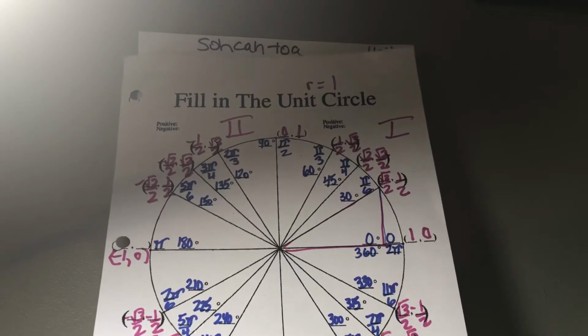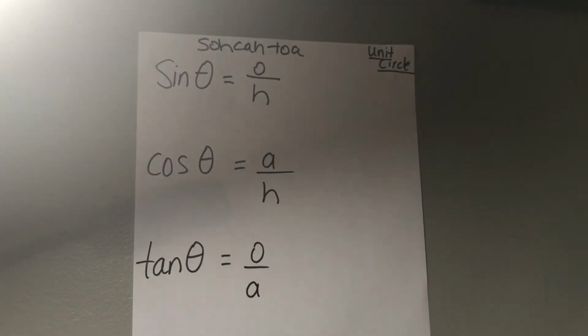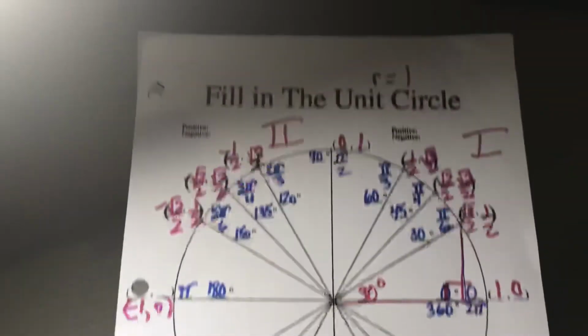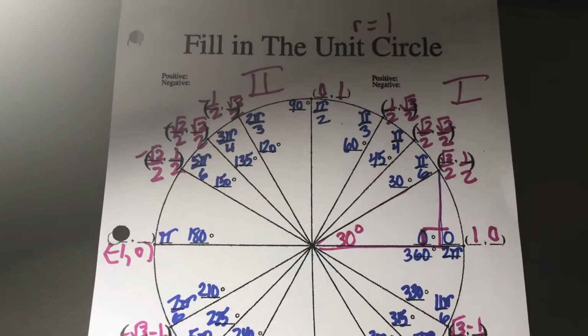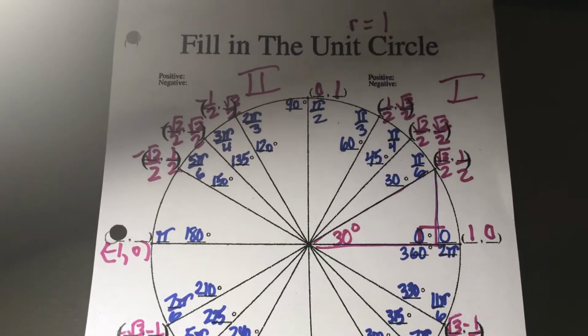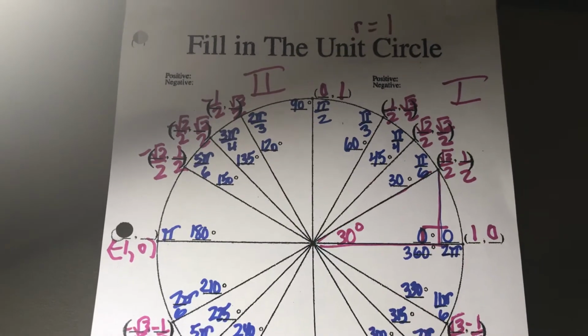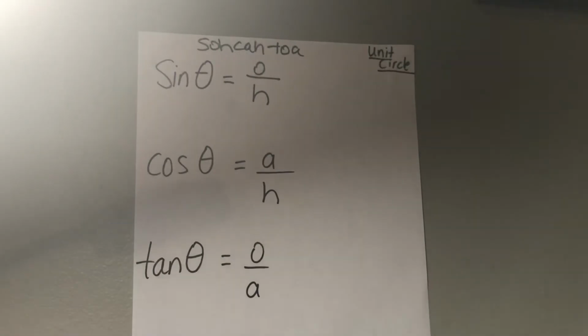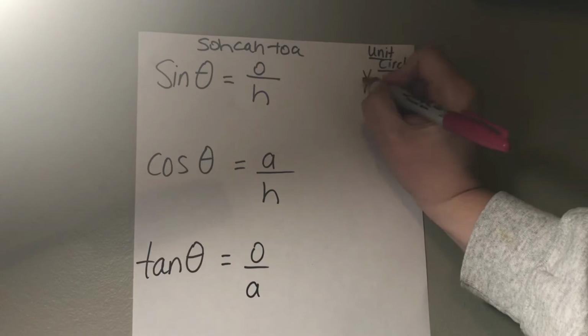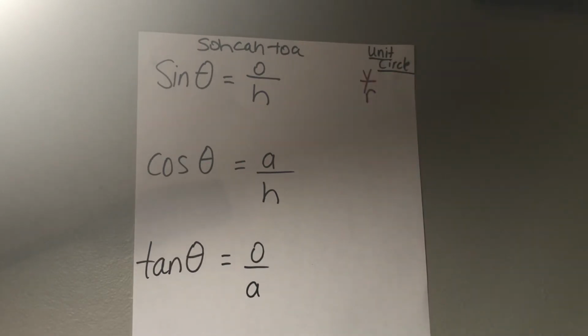And on a graph, that's the y value. So if I need the sine of 30 degrees, and sine is opposite over hypotenuse, I would use the y value divided by the radius, or the hypotenuse. So if you're using a unit circle, sine is going to be y divided by the radius.